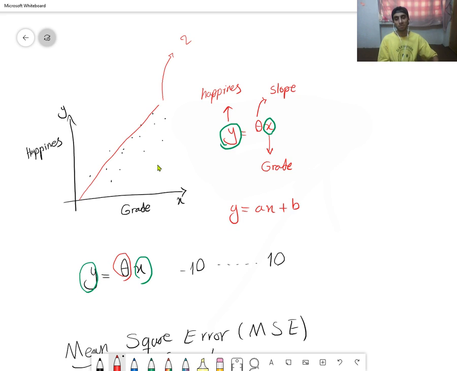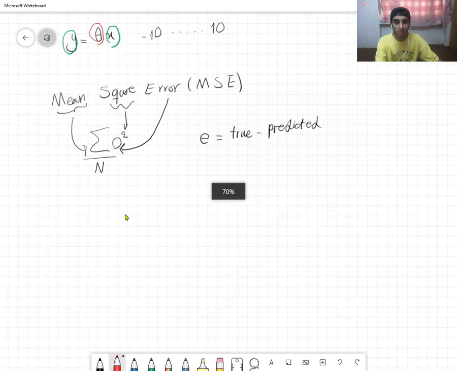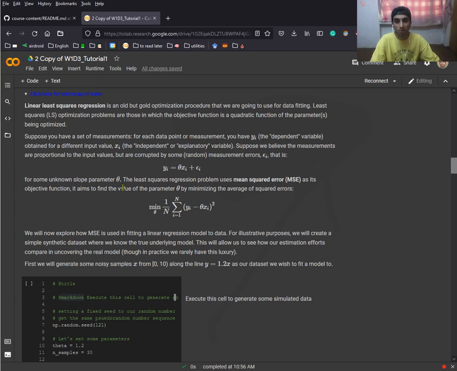So right here, MSE might be number 2, and for this line, which is a very bad line fitted to our data, MSE might be, I don't know, 200. A very bad line. So we want to mathematically find the best MSE, the lowest MSE possible. Okay, let's go through the tutorial again.